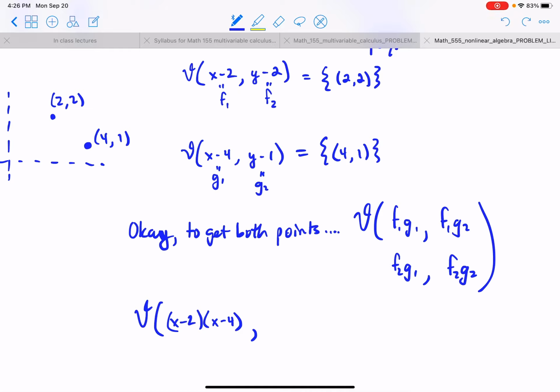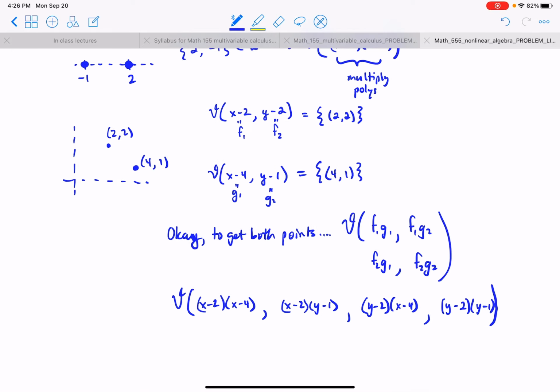Now I need to list a second polynomial, and that will be f1g2. So this is x minus 2 times y minus 1. Okay, that's the second polynomial. Then my third polynomial will be f2g1, y minus 2 times x minus 4. And then finally f2g2, y minus 2 times y minus 1.